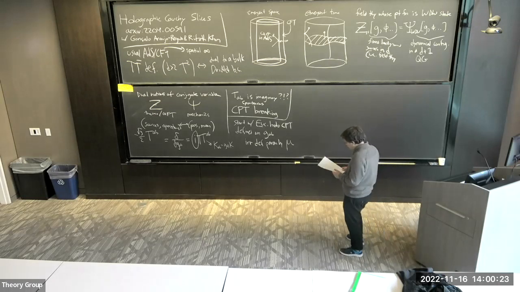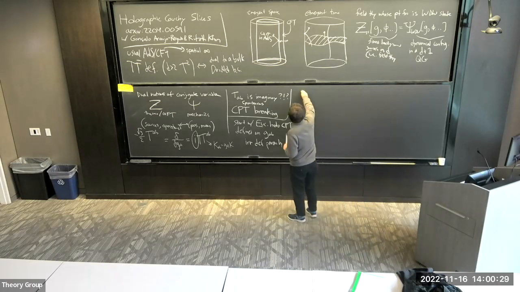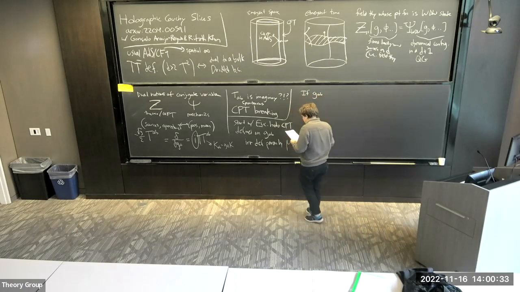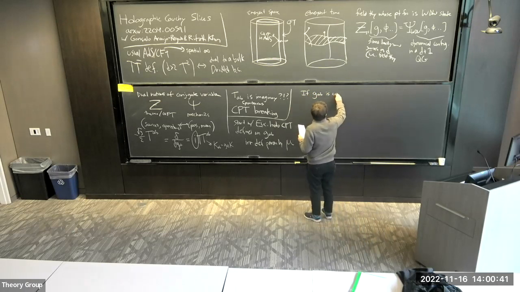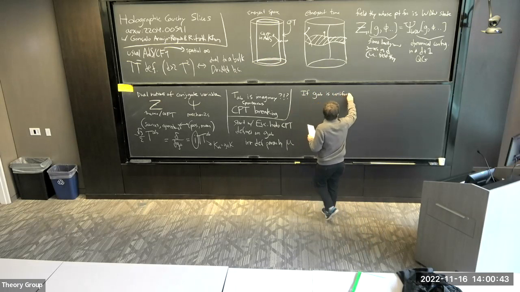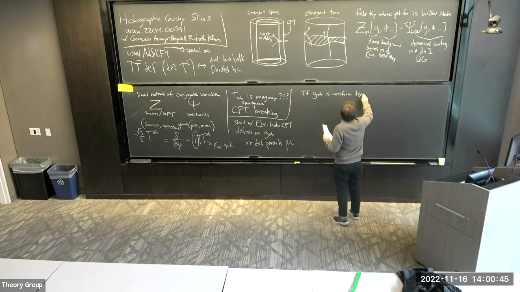Now, the simplest case to consider, as an example where there's more symmetry, and it's in no way the only example you can consider, is if g_{AB} is a uniform hyperbolic geometry.